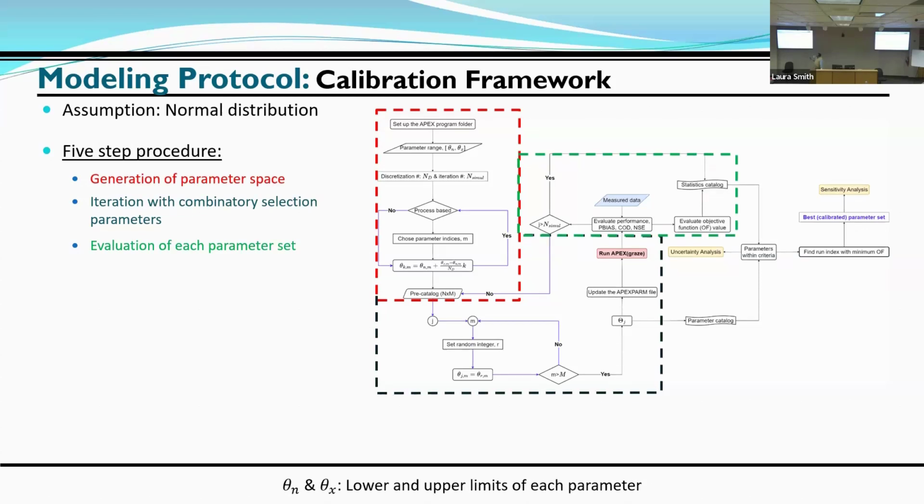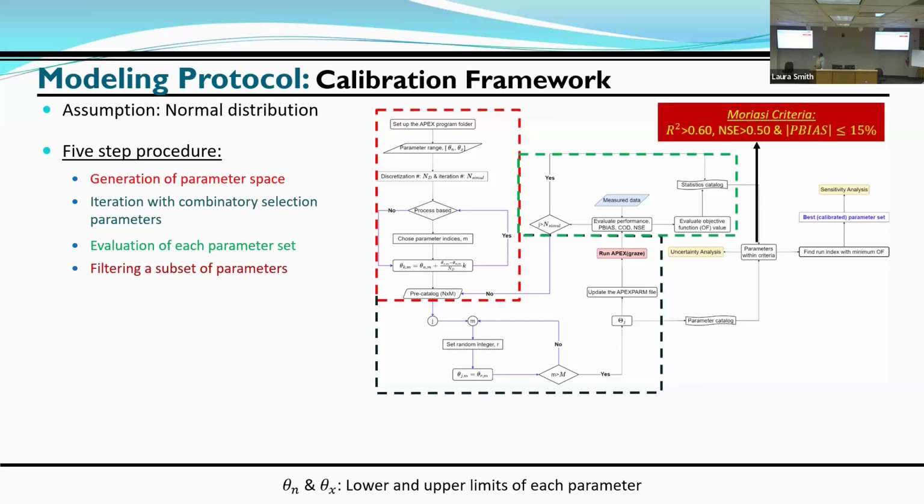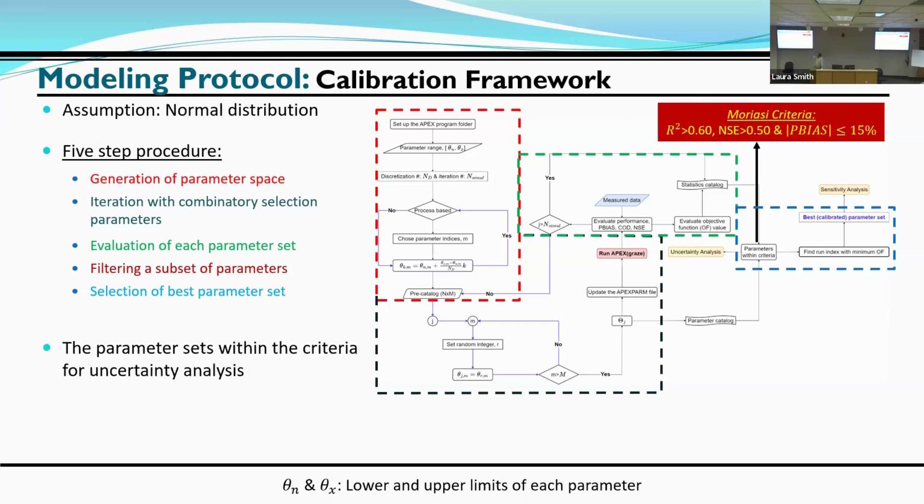Then the subset of parameters that are within the monastic criteria was chosen before selecting the base parameter set. The base parameter set was chosen as the set having the minimum or maximum metric value, depending on the metric.